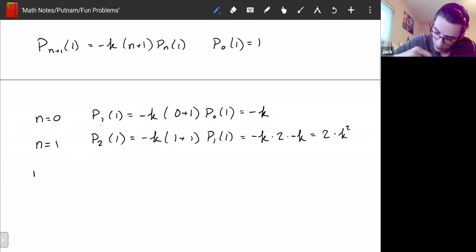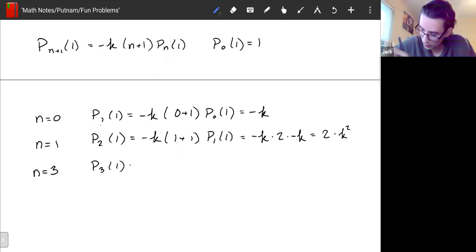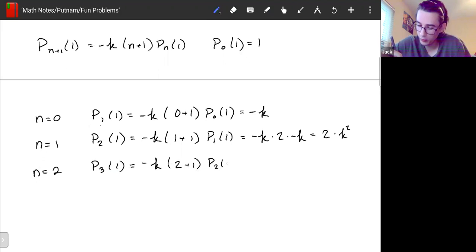And then let's do the next case. I skipped a step. It should be n equals 2. So we have 2 plus 1 times p sub 2 of 1.